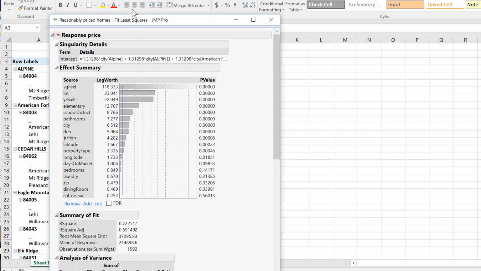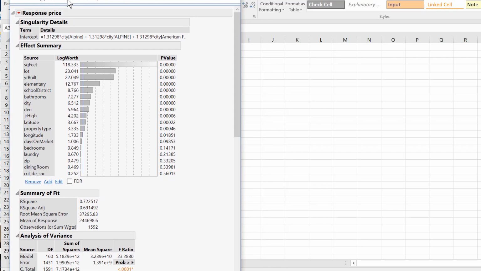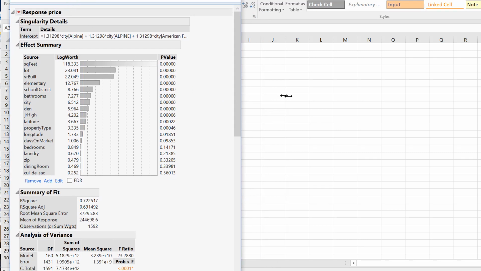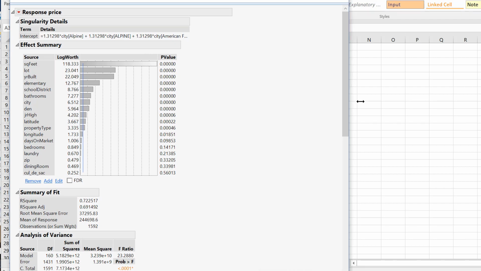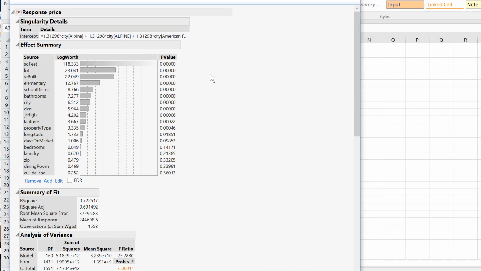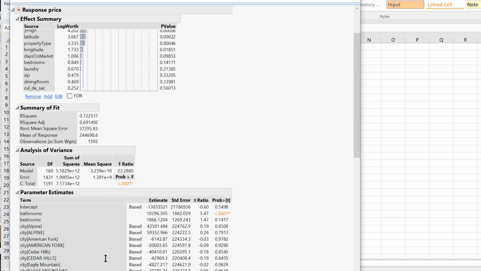Let me give you an example. I broke it on purpose by running this data with all these dependencies through JMP and trying to do a multiple linear regression. The warning it gave me was that I had an ill-conditioned problem, and then it sort of forced itself to do it, and gave me a bunch of messy stuff. It shows that it made an estimate for the cities and then says that they're biased.